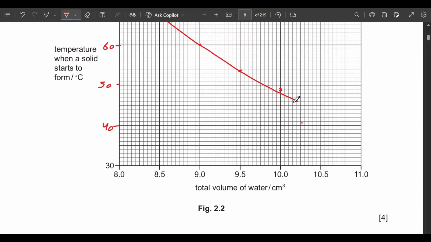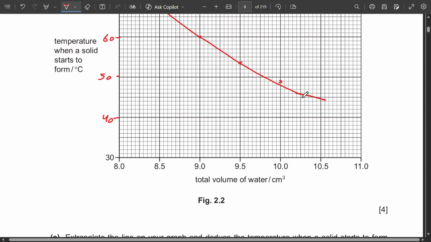Okay. Now we ended our graph over here. We have to extrapolate that line. That means we have to keep extending it, an extended line length somewhere here.